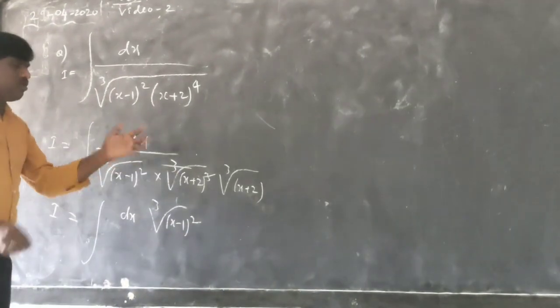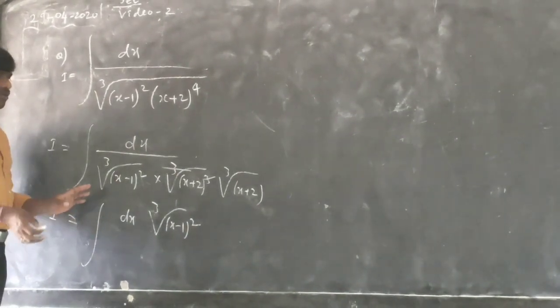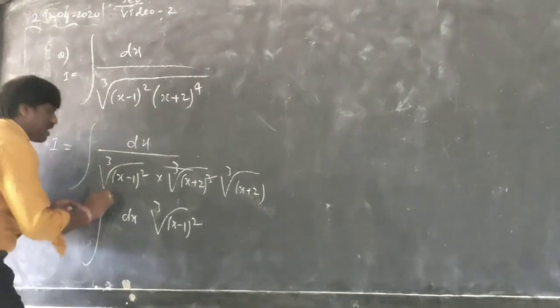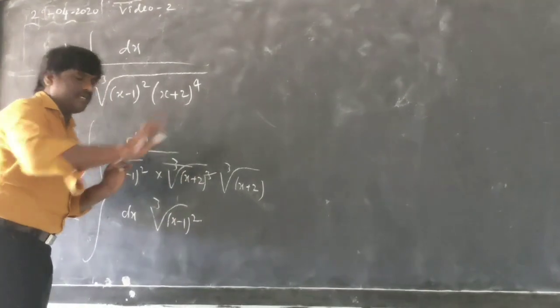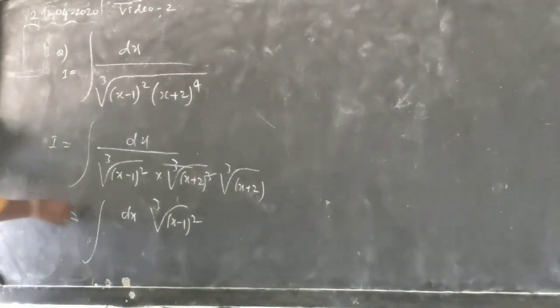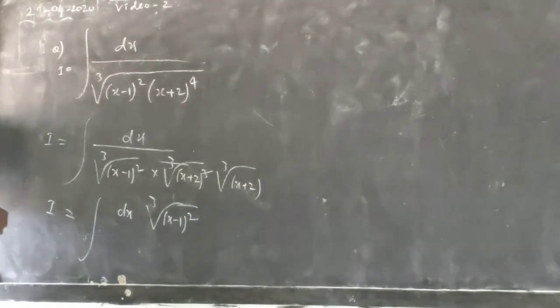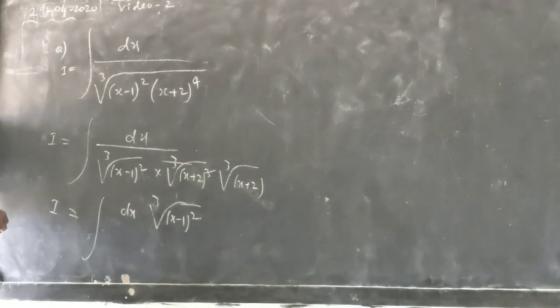I just separated, but there is no need to separate. We can do it inside also. It means you can write only one cube root, that is enough. To make you understand, I separated. So I multiply and divide by cube root of (x minus 1) whole square.